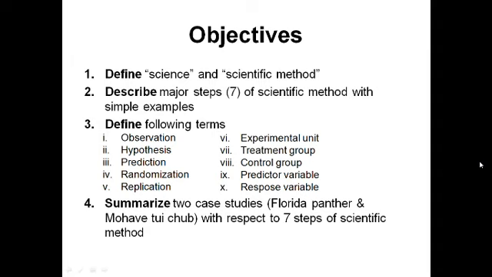Also make sure that you read the scientific method handout after watching this, so you can get some reinforcement for this terminology. At the very end, I'm going to use two case studies to illustrate how the scientific method works.